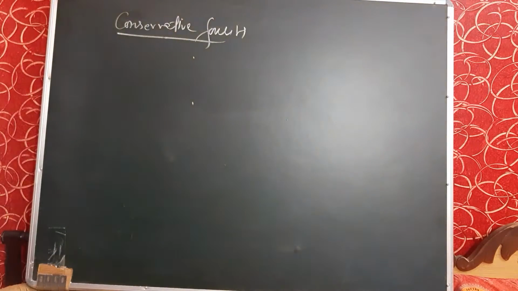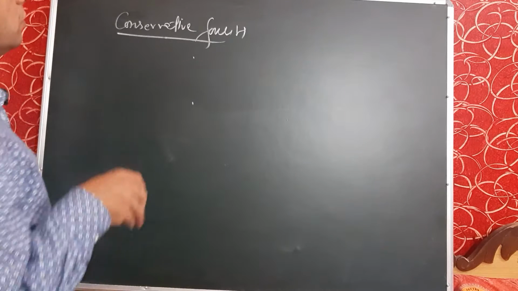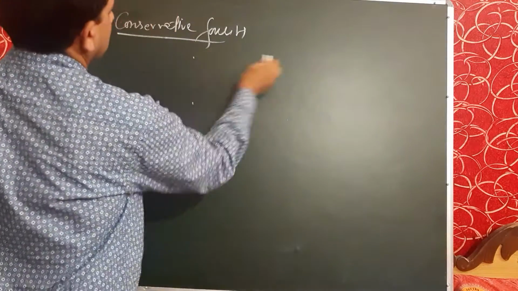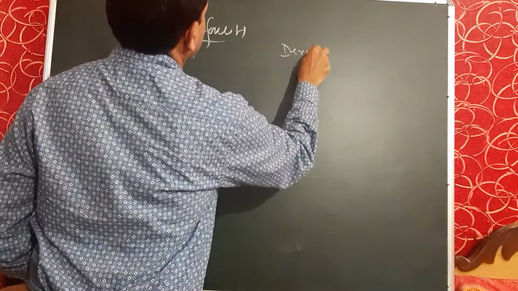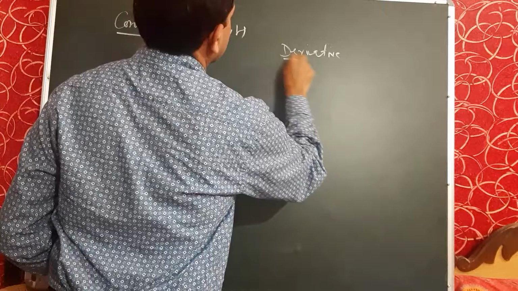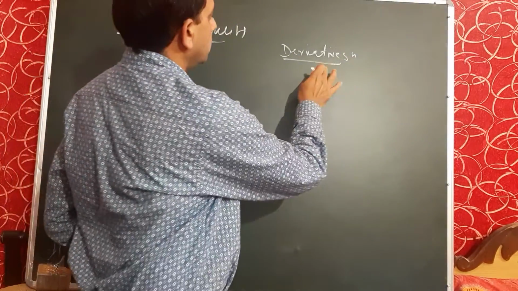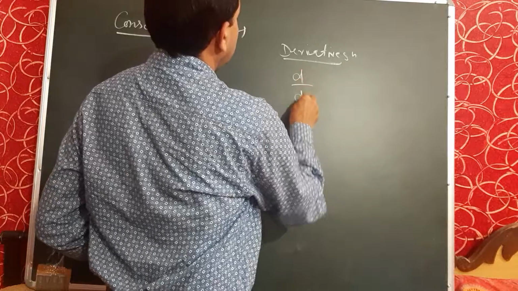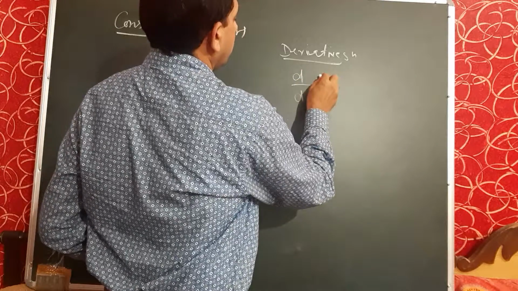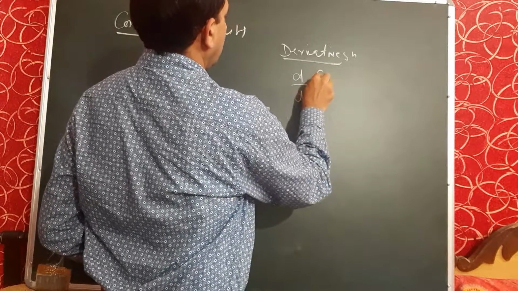If we use the mathematical formulae for conservative force, then we have to use the derivative forms of the force. So, you know the derivatives. What are derivatives? Derivative is nothing, it is d/dr of any quantity f.